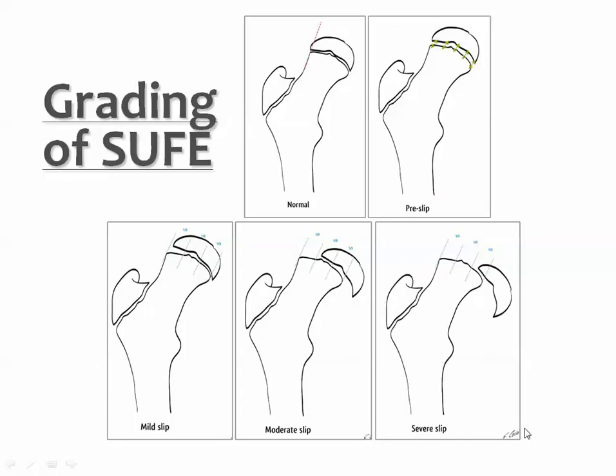And these are the grades of epiphyseal slippage. In normal conditions, you remember this line along the lateral edge of the femoral neck will intersect part of the epiphysis. In the pre-slip stage, you get only widening of the physeal plate.